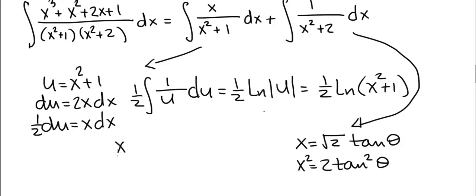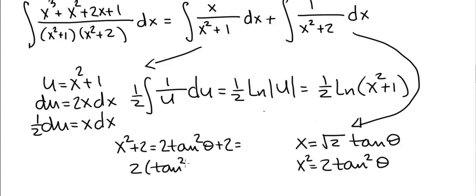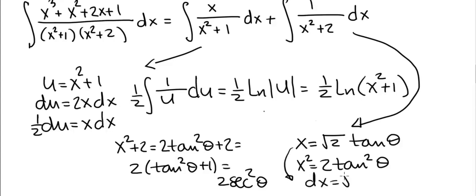And then x squared plus 2 is going to be 2 tangent squared theta plus 2, which is 2 times tangent squared theta plus 1, and that's equal to 2 times secant squared theta. We then differentiate x, so dx is equal to square root of 2 times secant squared theta d theta.